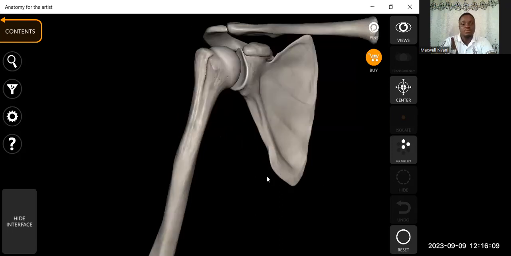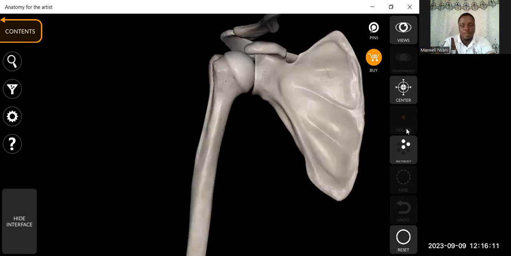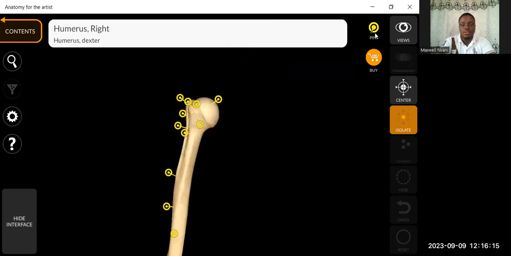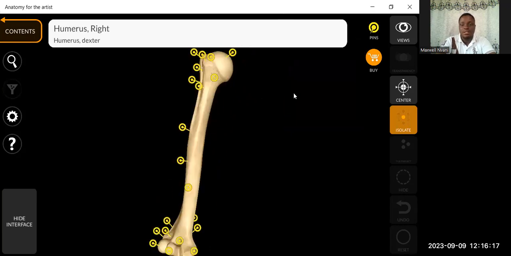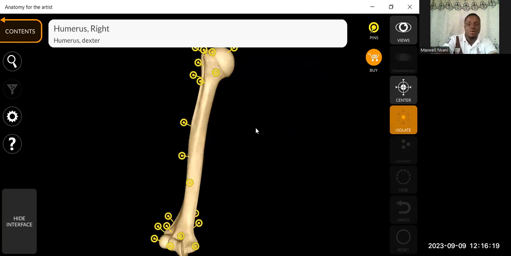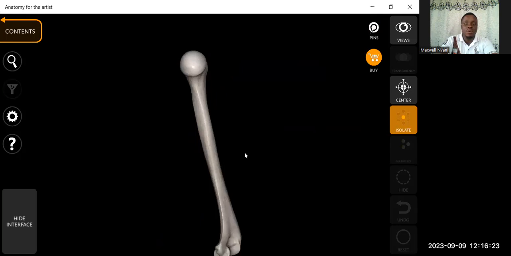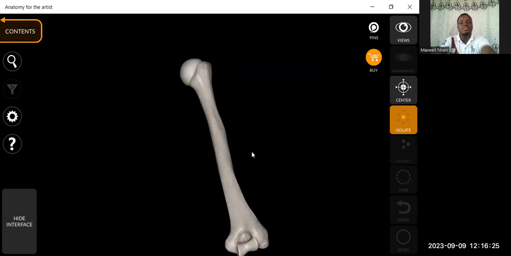Now, back to this bone. I said the head is always pointing medially. So if this bone is facing this way, then this should be the medial portion.